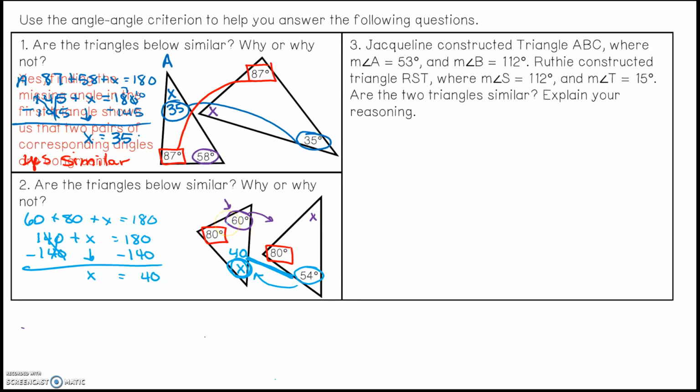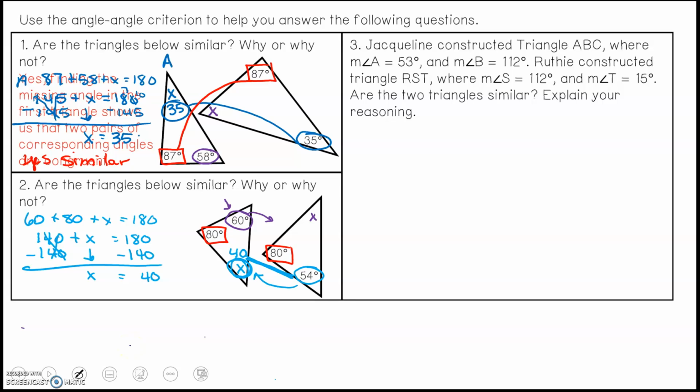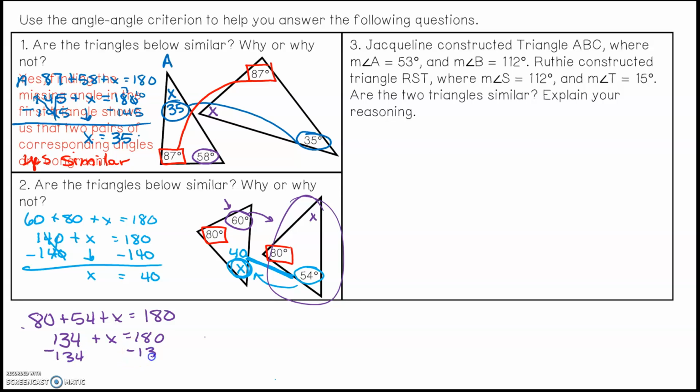So now let's check the 60 and the other triangle. Now I'm going to work in this triangle and add up those angles. So we're going to do the 80 plus the 54 plus x equals 180 degrees. Add our like terms, so we're going to get 134 plus x equals 180. Subtract the 134. That goes away. X drops down.